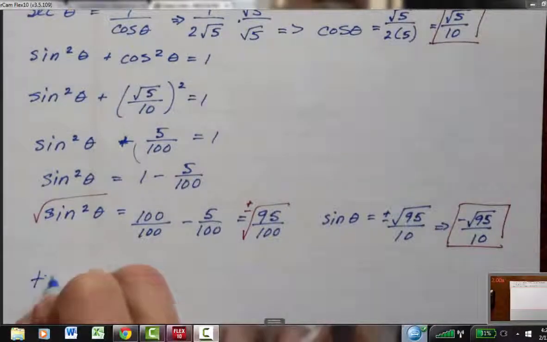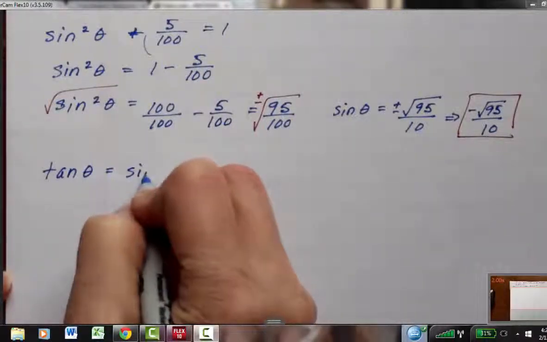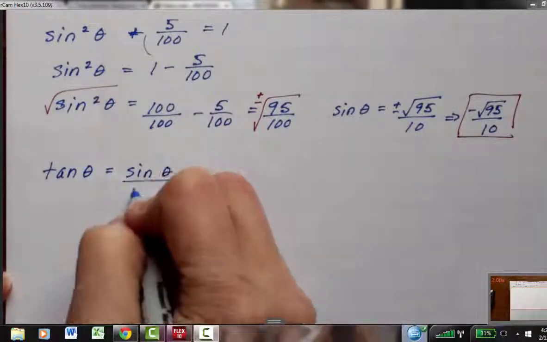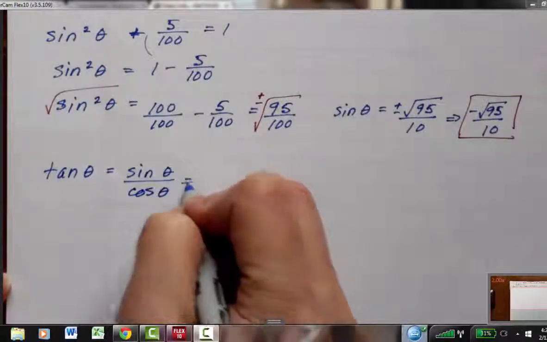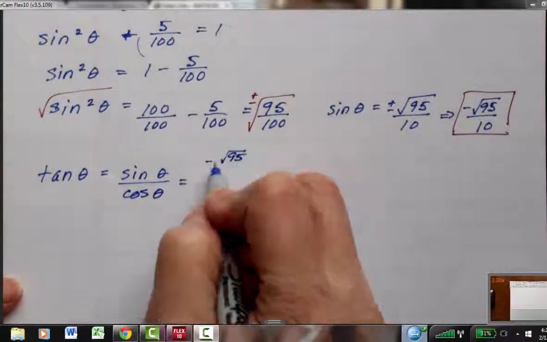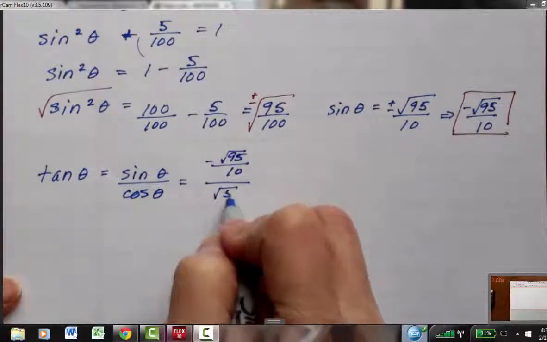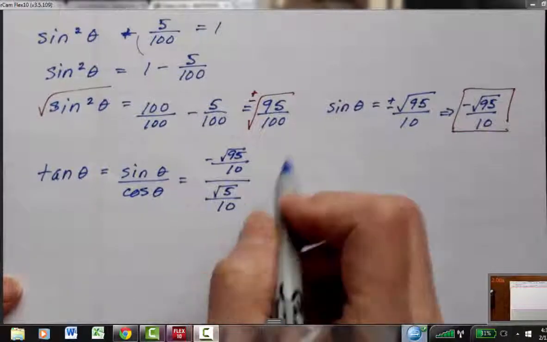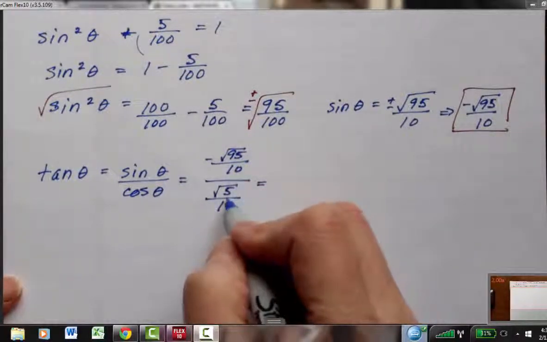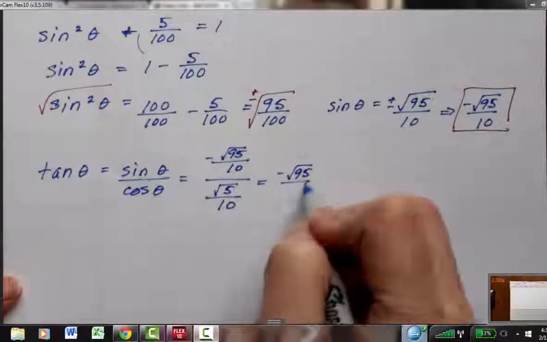So remember that tangent theta is equal to sine theta over cosine theta. Well, we just found sine theta. That's negative the square root of 95 over 10. Cosine theta we found out earlier was the square root of 5 over 10. And then simplifying this, I'm going to show you how to simplify. You have the negative the square root of 95 over 10.